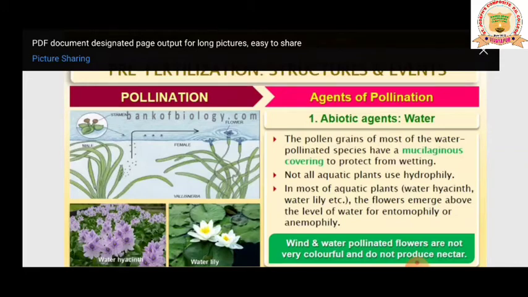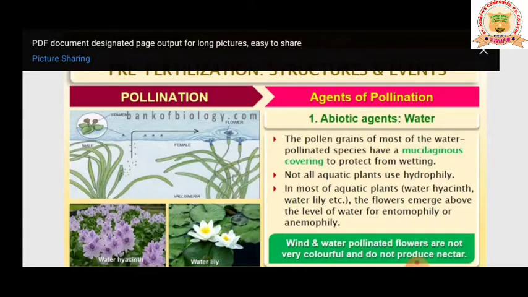The pollen grains should not get wet, or flow away, or get dragged away with the current of the water. They should stay there only till they reach the stigma. So they have a mucilaginous covering to get protected from wetting.